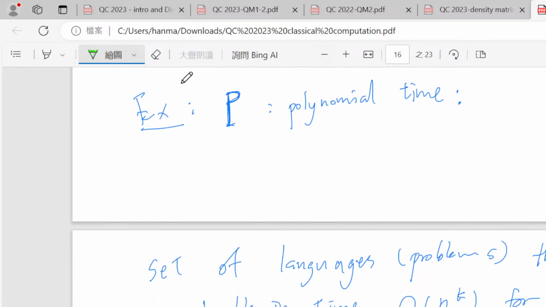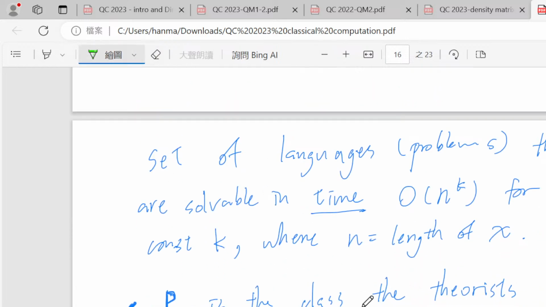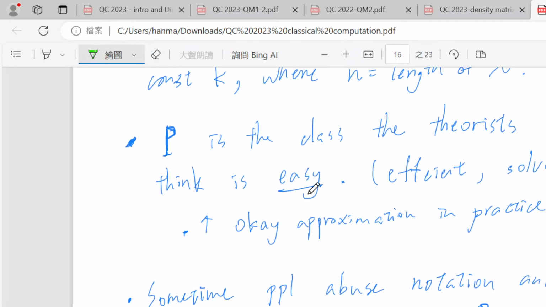So P means can be solved in polynomial time. And for our theory, we consider P as efficient. So those are easy, efficient, solvable. And usually this is a pretty good approximation in practice.